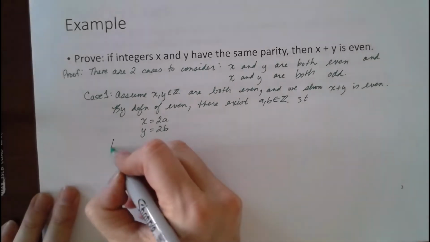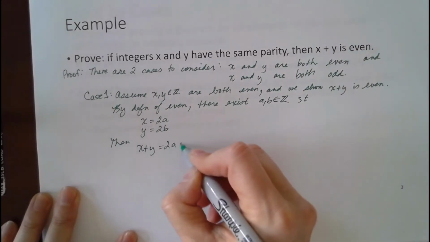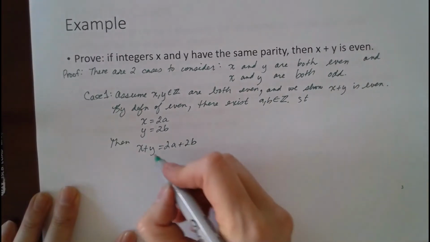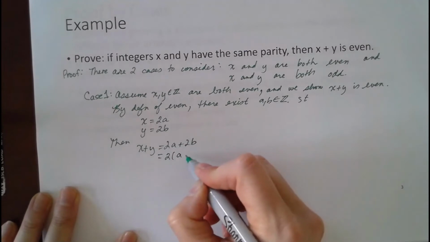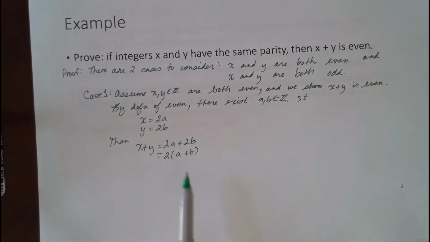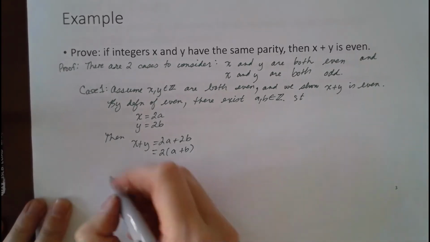So then x plus y would be 2a plus 2b. And you know how this goes. We can easily see that we can factor out a 2. All we need to do is show that x plus y is 2 times some integer. To meet the definition, we have to show that that's an integer.